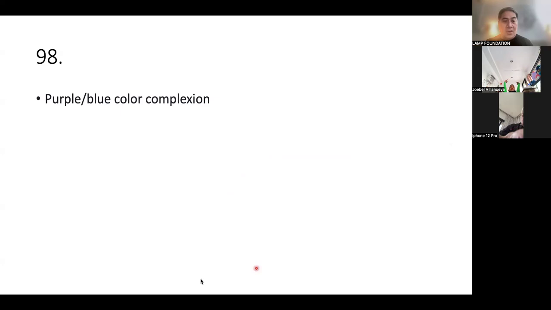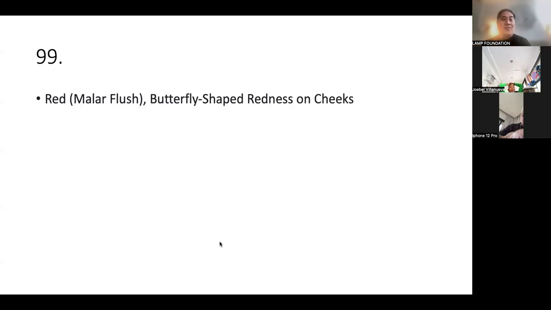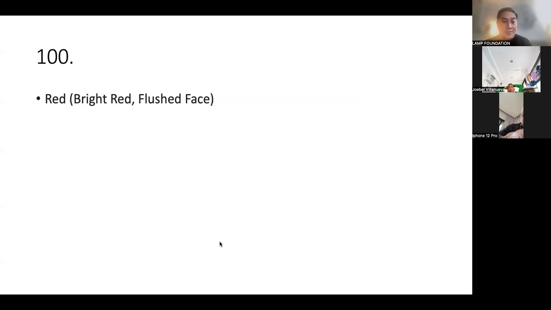When you have a red complexion, malar flush, butterfly-shaped redness on the cheeks, what is the pathology? It means deficiency in the yin. And the last one, red face, bright red flushed face. Red face means excess yang or heat.